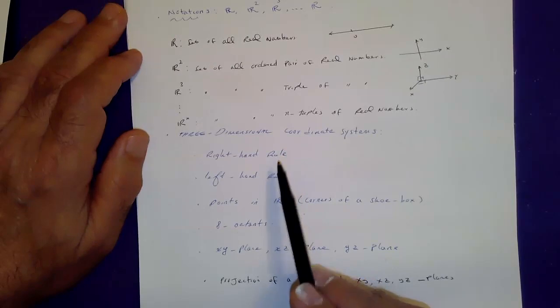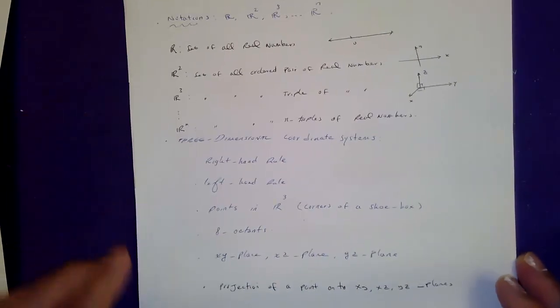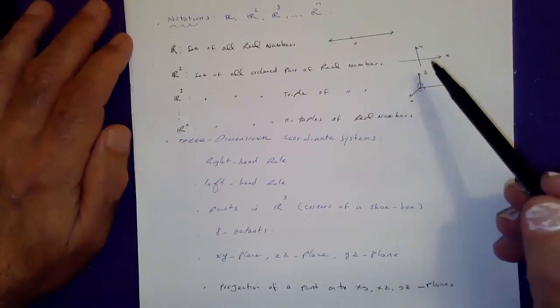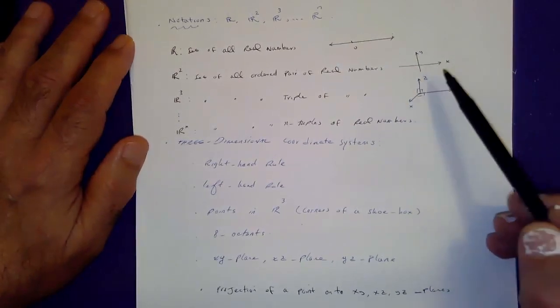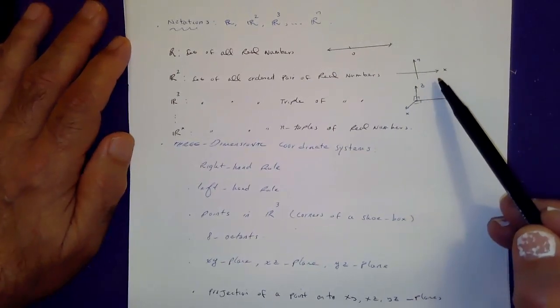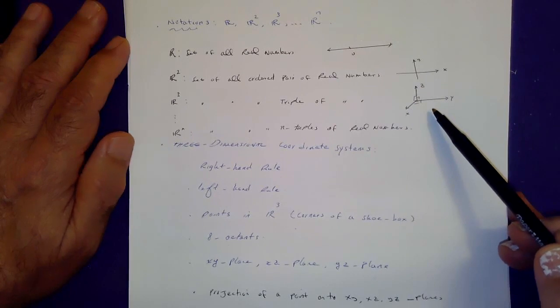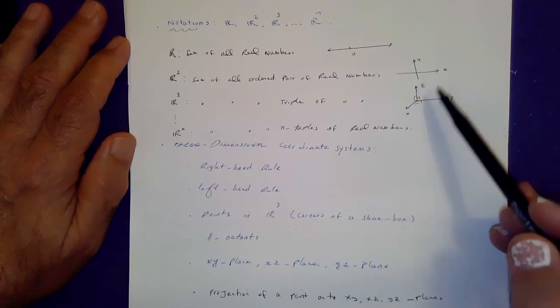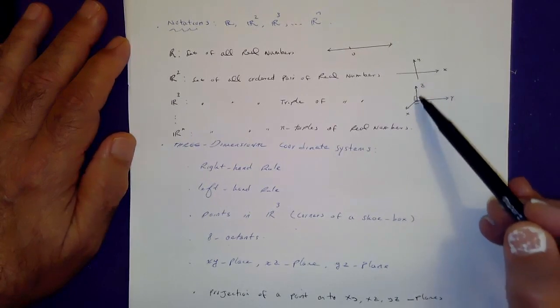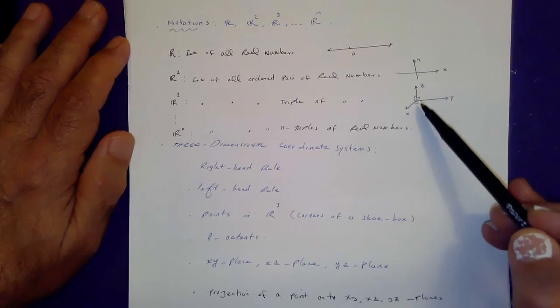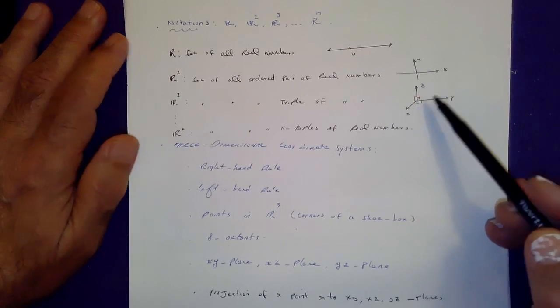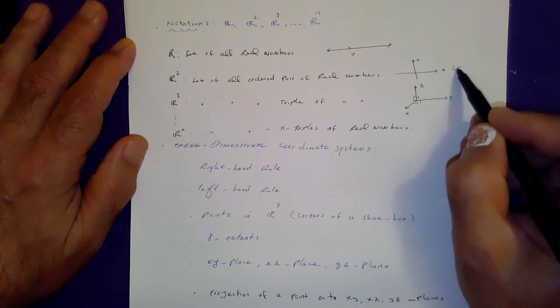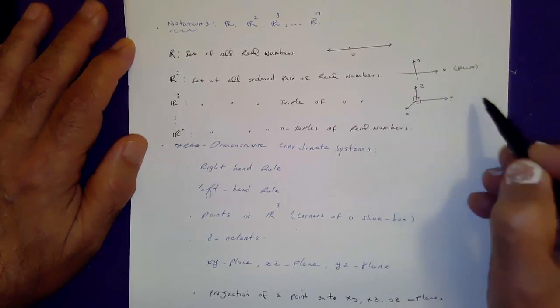So the idea is as follows. Because we'd like to change this two-dimensional plane into a three-dimensional space, what we need to do is add the third coordinate, which is the z-axis. Remember, what's happening is this is the floor.